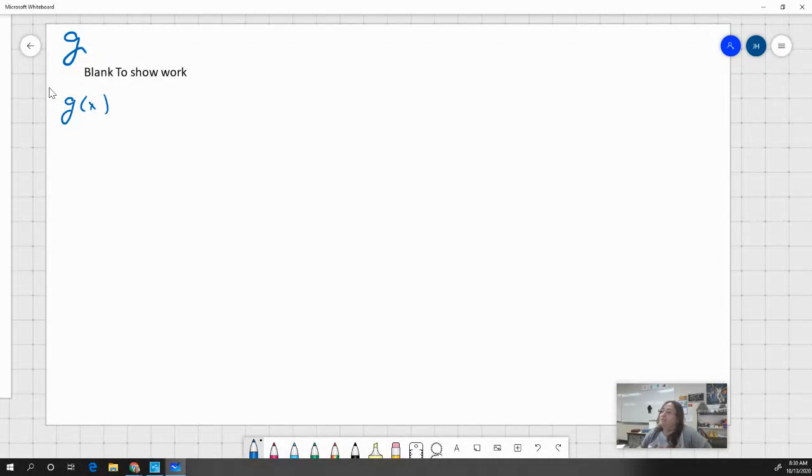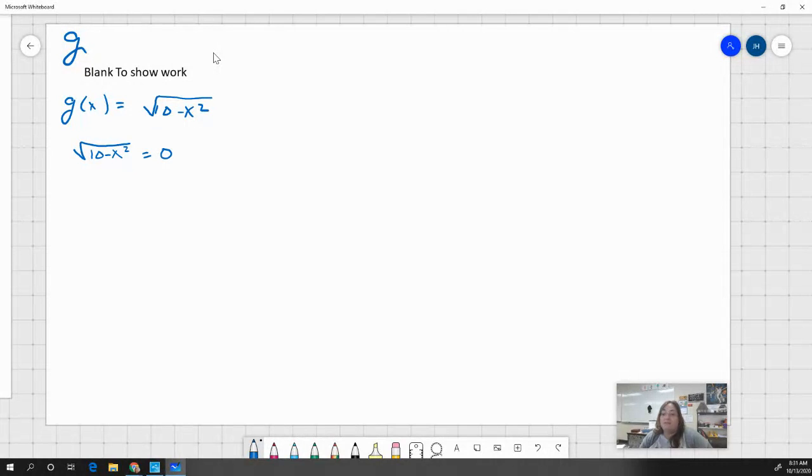G of x equals the square root of 10 minus x squared. We're going to start the same way. We're just going to set this equal to 0. I'm going to write it this way first, because for some reason I just like it better when what I'm solving for is on the left.